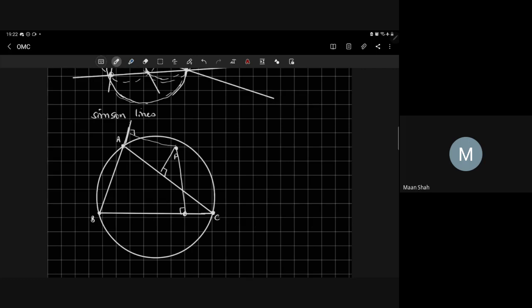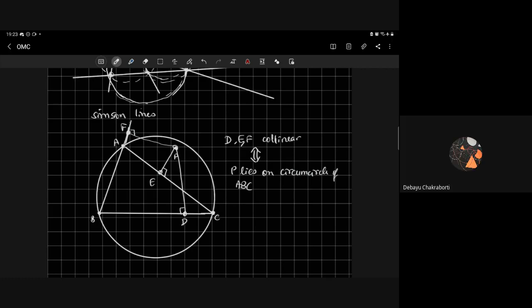Let's call these D, E, and F. So I want you to show that D, E, F are collinear if and only if P lies on the circumcircle of ABC. So any ideas?